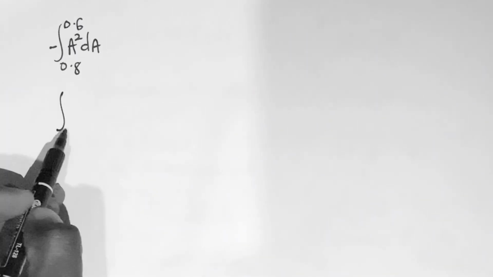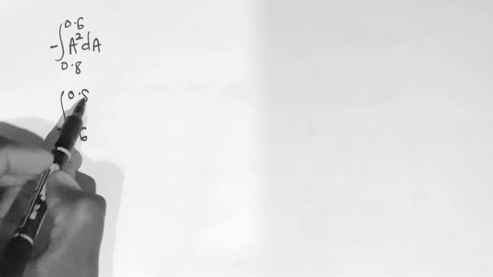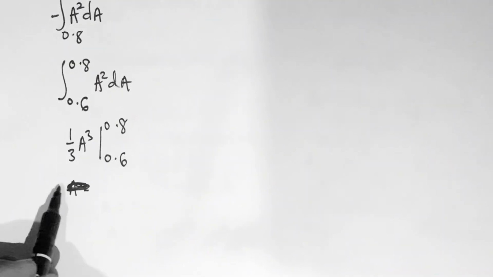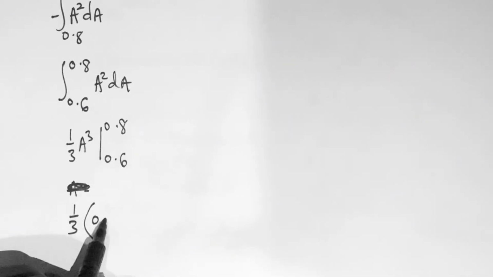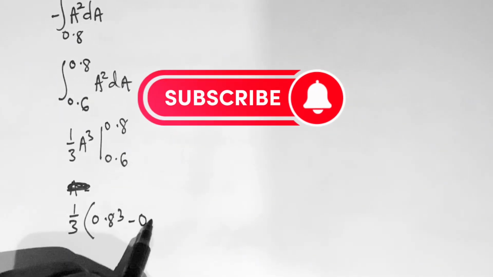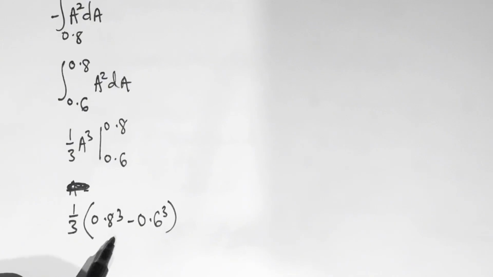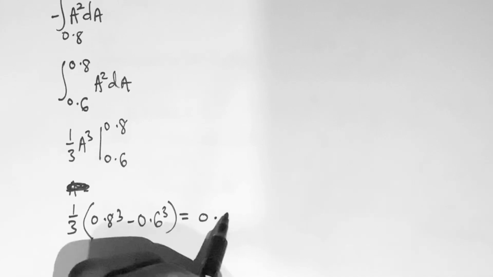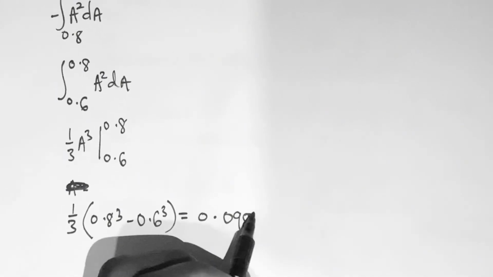So this becomes the integral from 0.6 to 0.8 of a squared dA, and that is equal to 1 over 3 a cubed evaluated from 0.6 to 0.8. So this is equal to 1 over 3 open bracket 0.8 cubed minus 0.6 cubed. And when you evaluate that, we are going to get 0.0987.